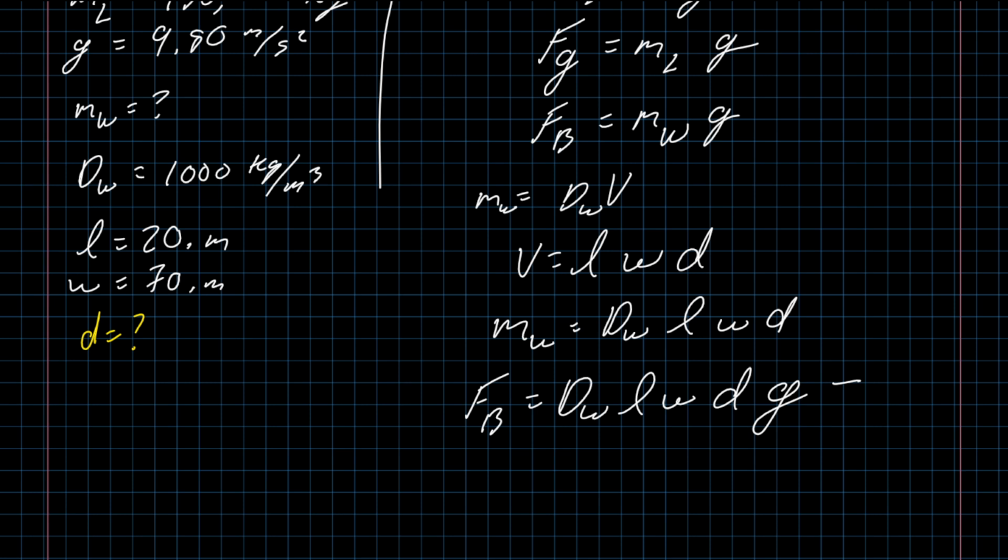And that has to be equal to the gravitational force, mass of the load, times gravity. Gravity appears on both sides of the equation, so we can cancel that out.